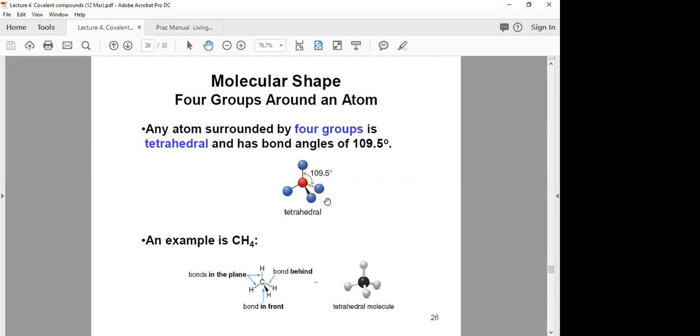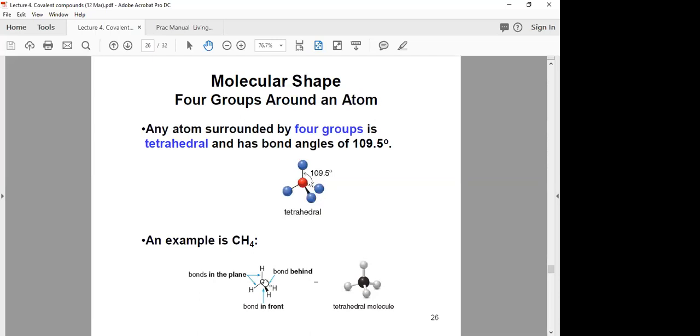What you haven't actually seen so far is what this dashed line represents, and this solid wedge line here. They also indicate single covalent bonds, but they tell us a bit more about the actual geometry, the 3-dimensional shape of this molecule. Let's look at it down here.